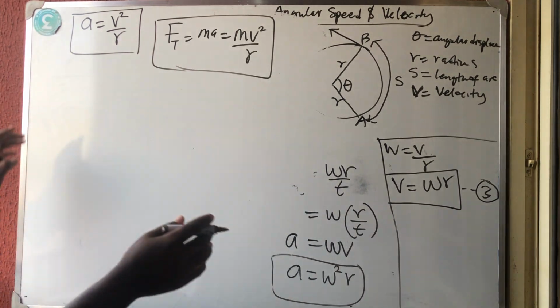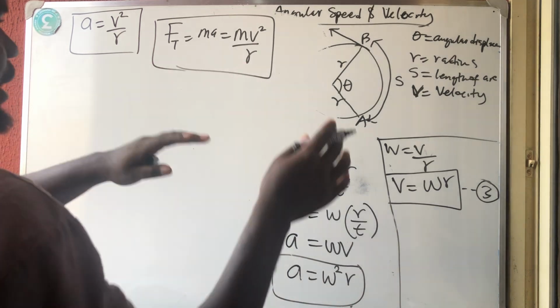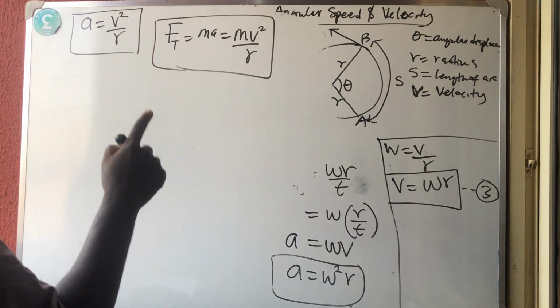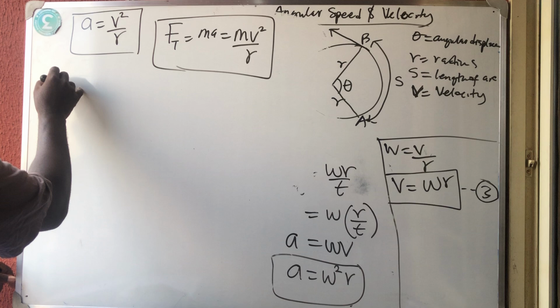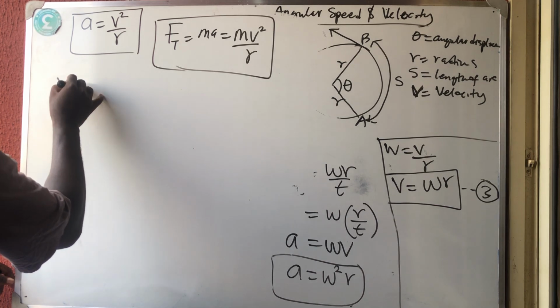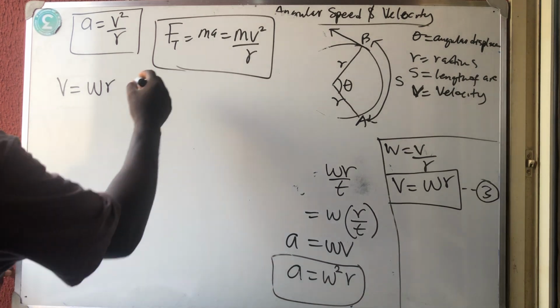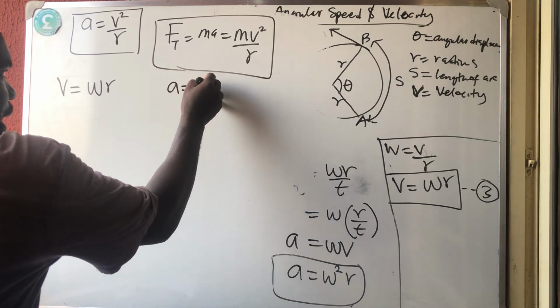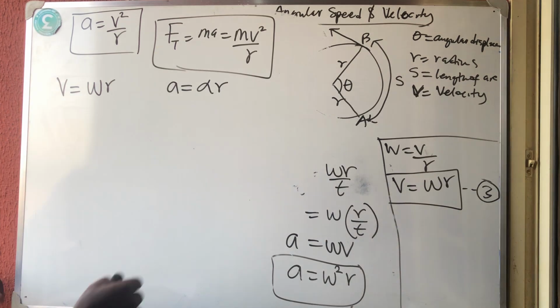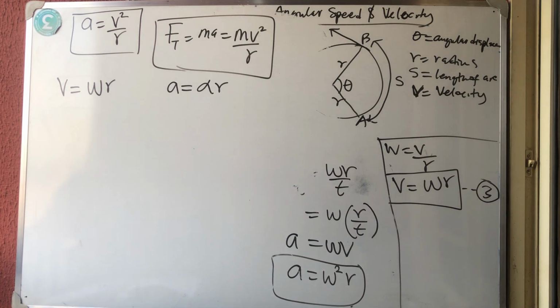The relationship between the angular and the linear is just the ratio, the radius. So linear velocity V is angular velocity times R, which means linear acceleration is angular acceleration times R.